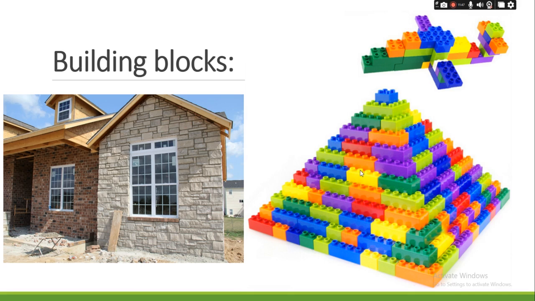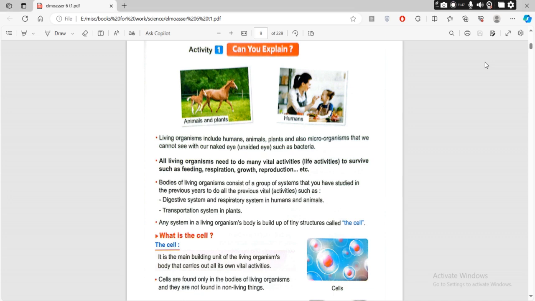Good. In this picture here you see that each block doesn't make anything on its own, but together they make up a pyramid, or a ship or a plane or anything. So these small parts, we call them the building unit of the whole figure. Right? Excellent.